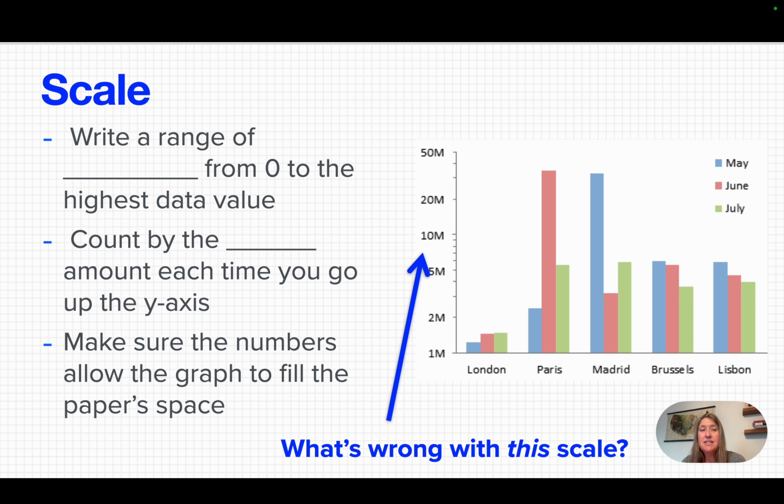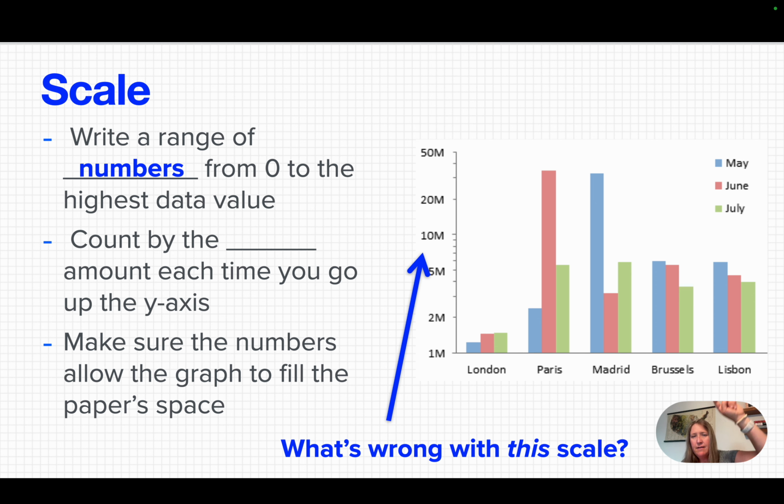And you do that by writing a range of values from 0 to the highest number in your data set. So for example, in this one, and this is wrong, by the way, we showed a wrong one so that you could pick out what they did incorrectly. They have the numbers up the y-axis.